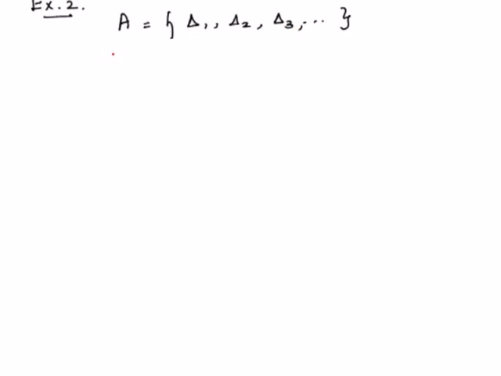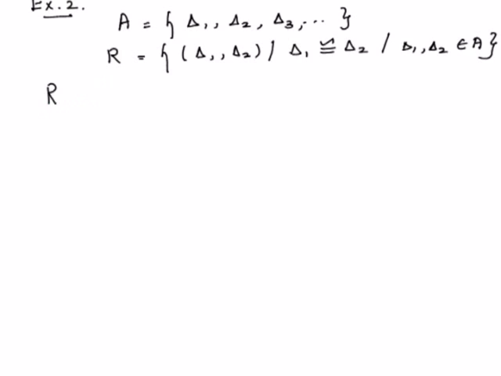In this set, we define a relation R such that triangle 1, namely delta 1, is congruent to delta 2, with delta 1 and delta 2 belonging to A.